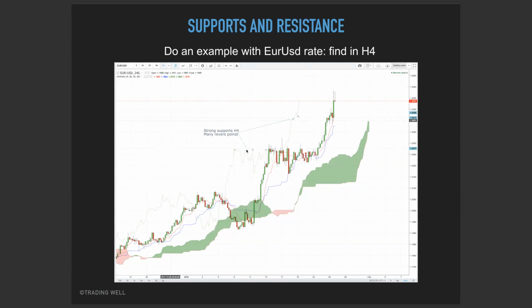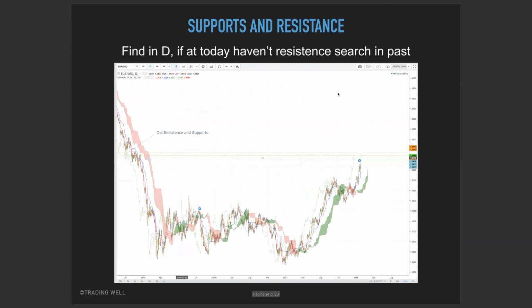And we do the same thing in daily. Okay, today we haven't support or resistance of Kumo span because the price is go up too fast and without pullback. So we come back in the past to search a support or resistance.